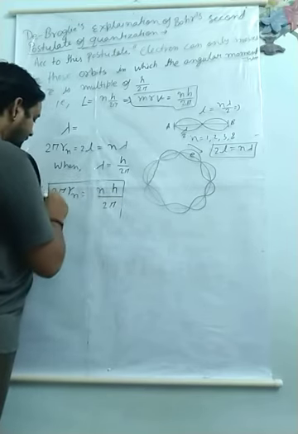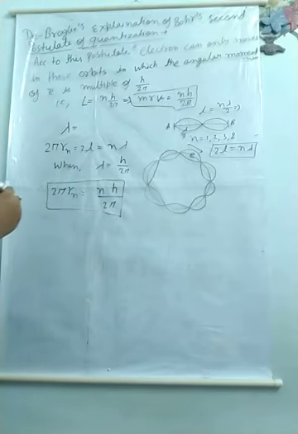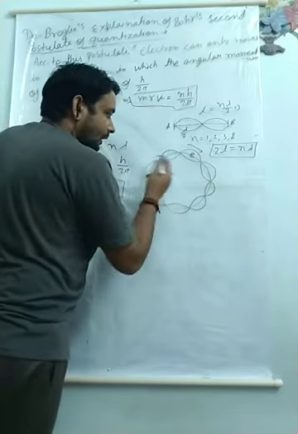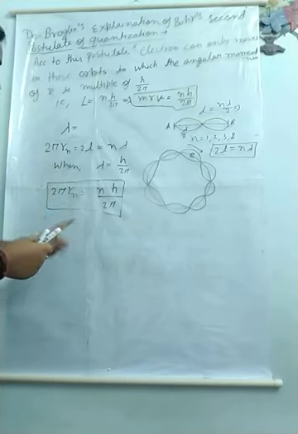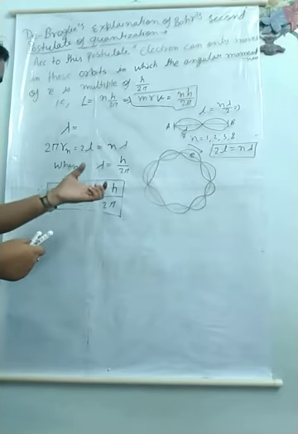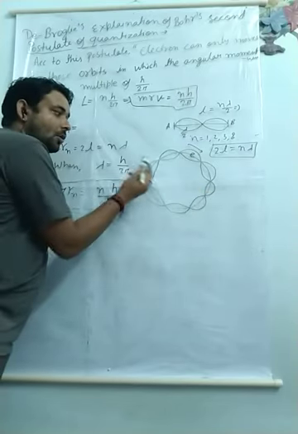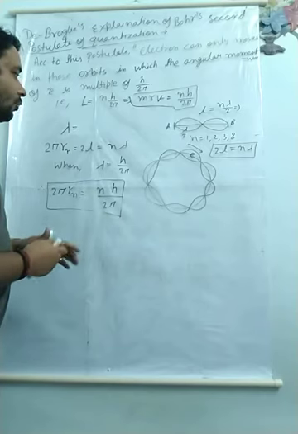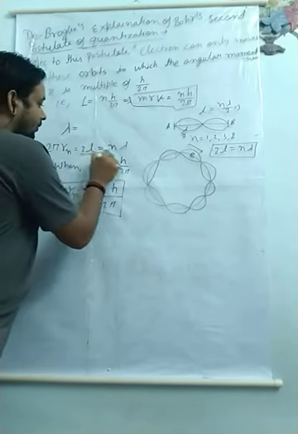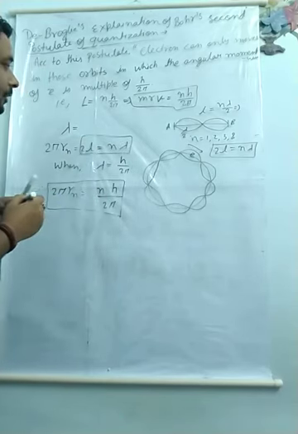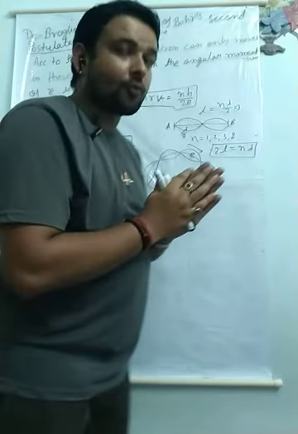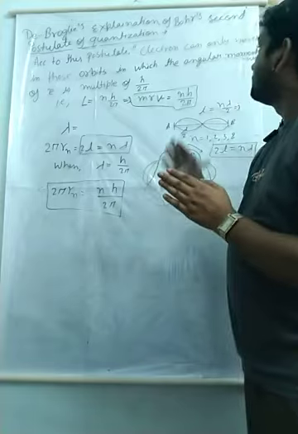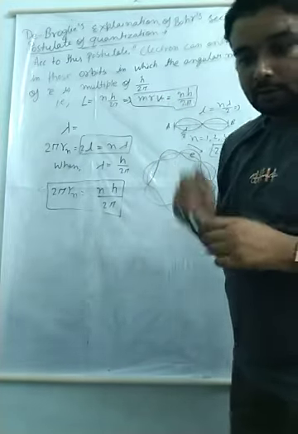This is the verification done by de Broglie: when the electron is revolving around the nucleus of an atom, the path traveled by the electron in its orbit satisfies this formula. So he explained the condition of quantization of Bohr's second postulate. Copy this.